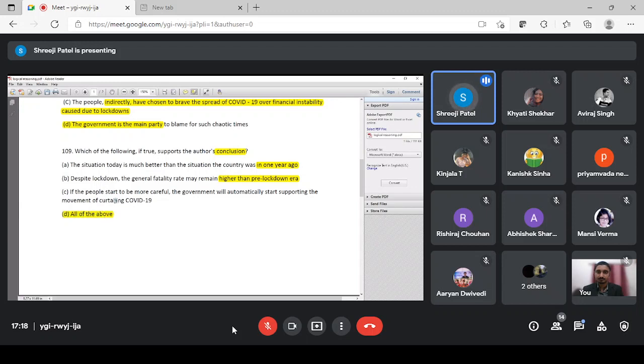So we would mark C as our correct option because if the people start to be more careful, the government will automatically start supporting the movement of curtailing COVID-19. And in the last lines, it was mentioned that people are not more concerned about health, therefore the government is also not concerned. Therefore, we can mark this as our conclusion because it is closely related to the last part of the passage.